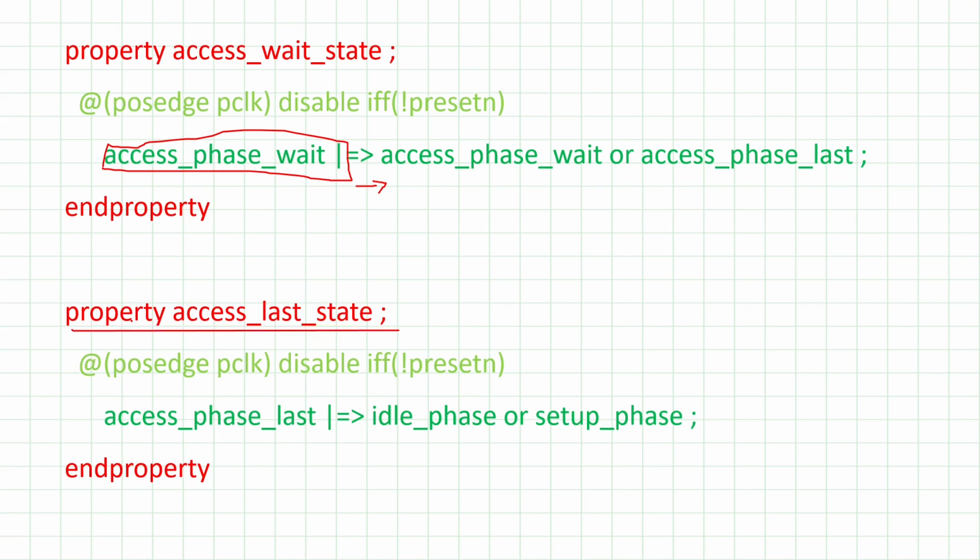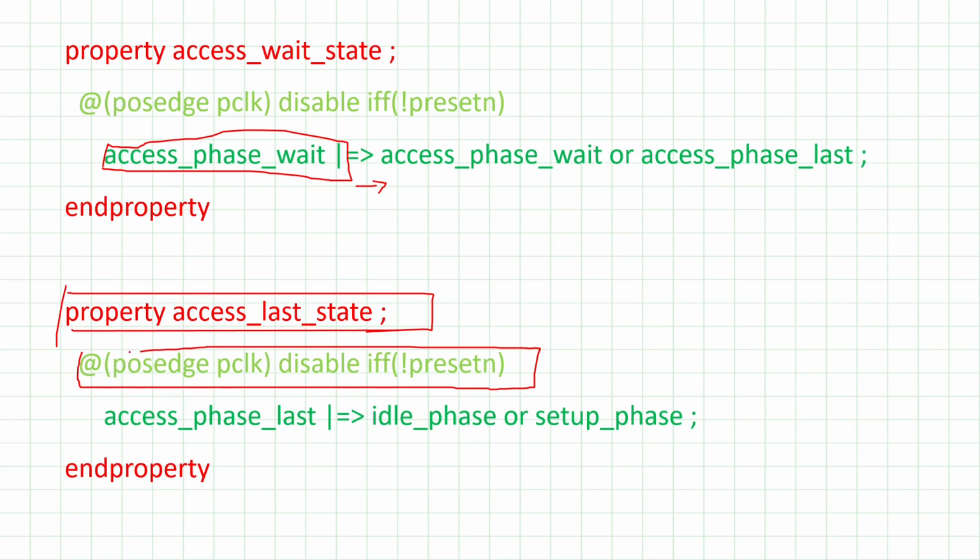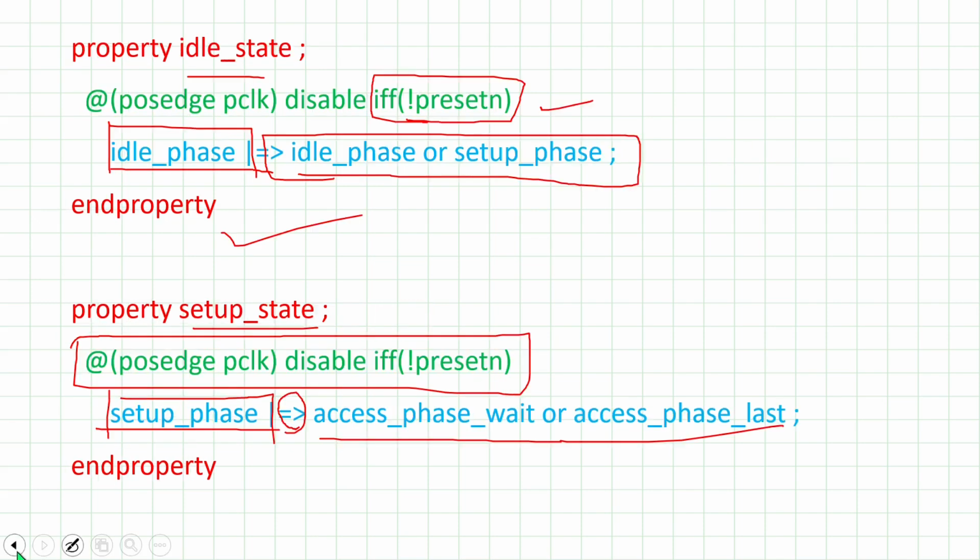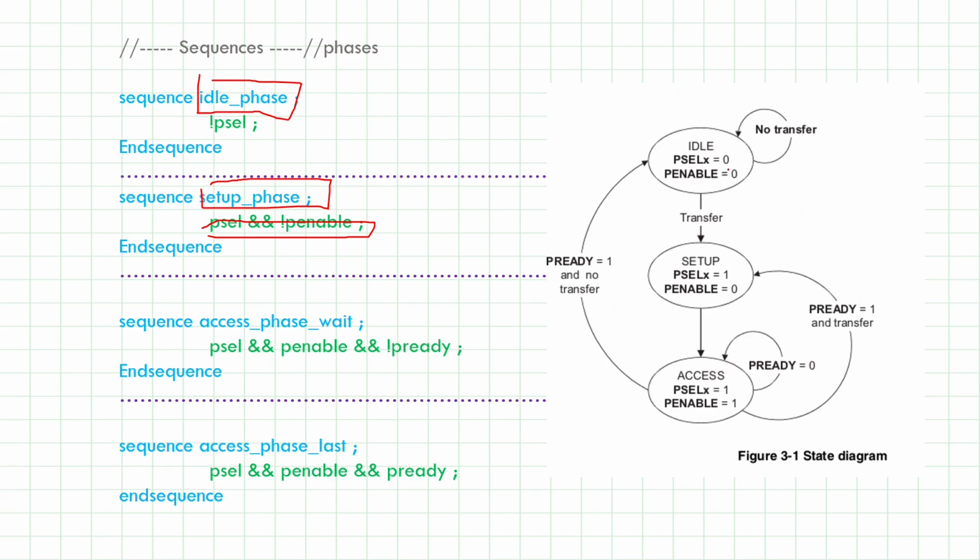And at last we have our access last state, and similar for all the assertions, we first check reset, and then we check our access phase last. If this condition is occurring, we check that either the idle phase or the setup phase is there. The similar thing we write in our FSM.